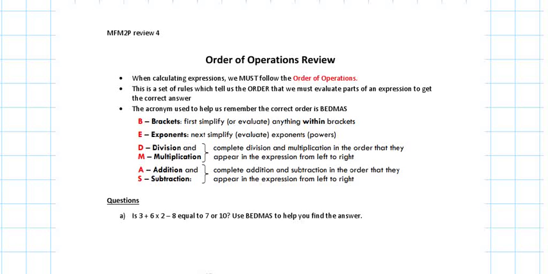So the first thing you want to do, if you have brackets, inside the bracket, so let's say 2 times 3, you must finish that first. You must do that operation first, okay? Then if you have an exponent, then you do that next. And then division, multiplication, whatever appears first, followed by addition, subtraction.